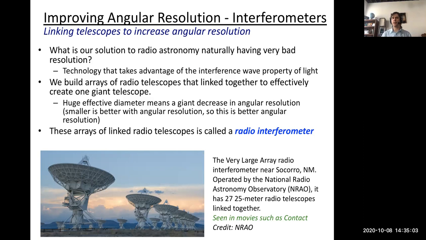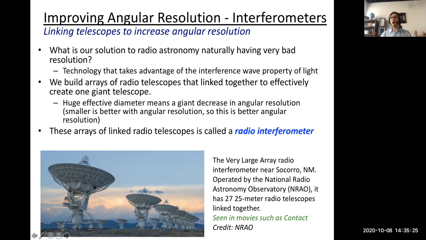around with. And it allows us to create some pretty clever technologies where we can take advantage of the interference of light. How do we do that? We build these large arrays of telescopes where we can see all the different ways that light waves could interfere as they land, say, on this telescope versus this telescope.